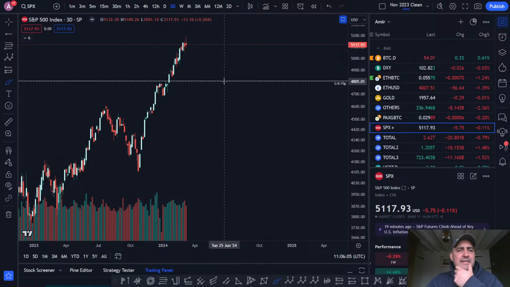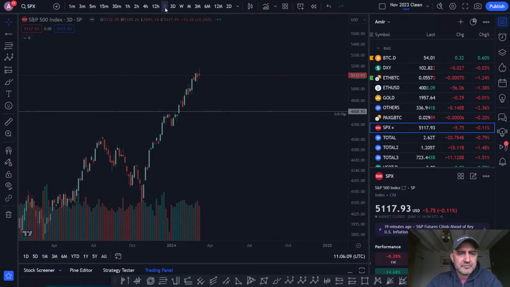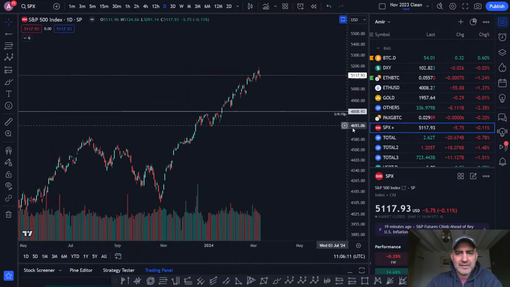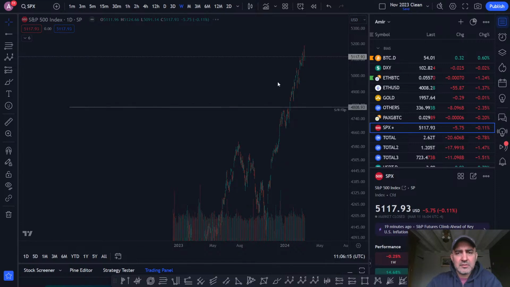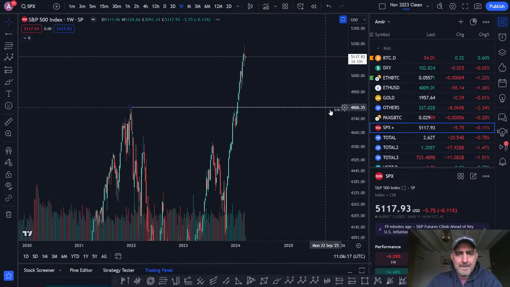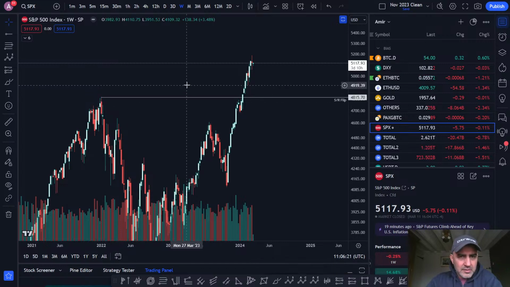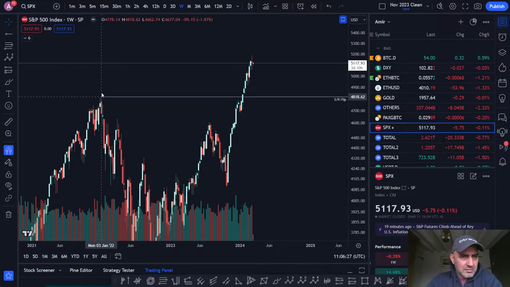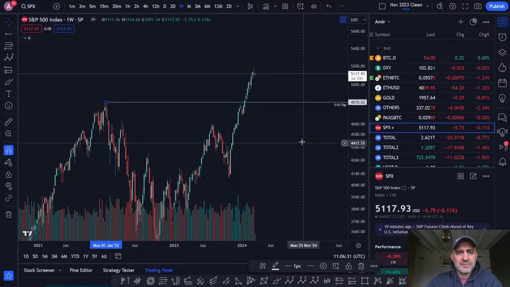SPX. Well, look, SPX is in all-time highs. Could that pull back? Yeah, that could pull back. If that does pull back, we have this key level here, this previous high. I think that should act as support. That's what you would expect.